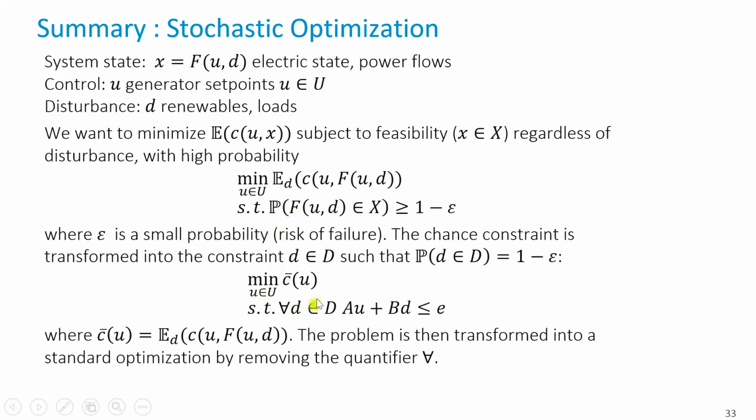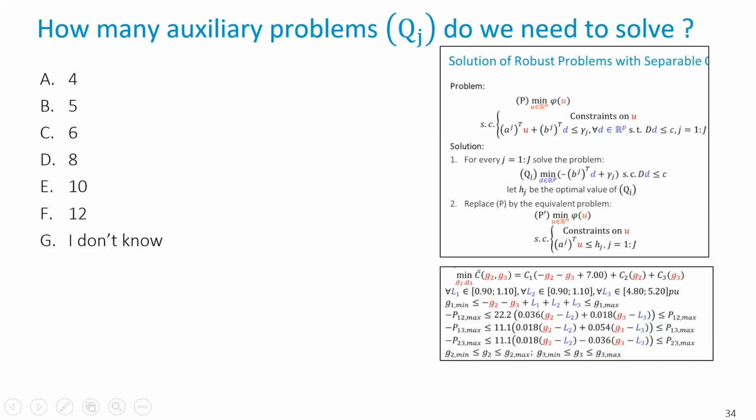So at the end, we will have a formulation of this C bar of U, which depends only on U, such that for all D in some set here, which are defined by the chance constraint, such an inequality is true. And if we are lucky, if we manage to have inequalities that are of the separable form, then we have seen how to solve it at the expense of separating U and D and solving additional optimization problems.